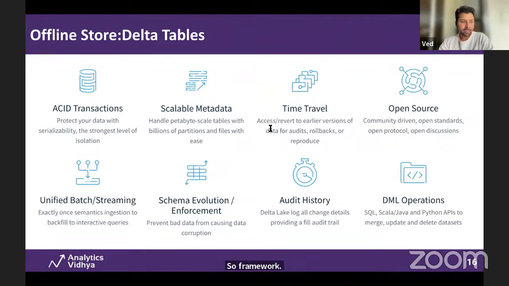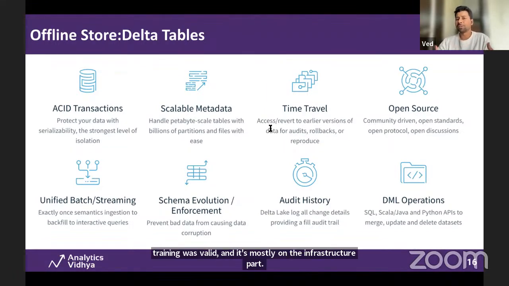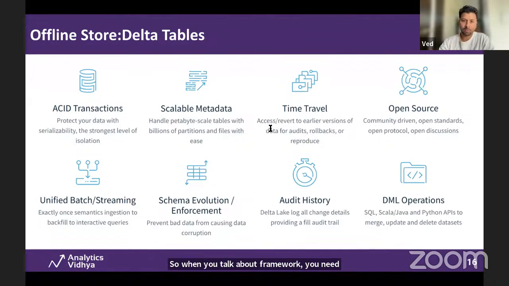For real-time training, when you have the data, you basically need to train it in real time. And when you train in real time, you need to check that your training was valid, and it's mostly on the infrastructure part. So when you talk about framework, you need to solve on the infrastructure side. That's what I would want to say.